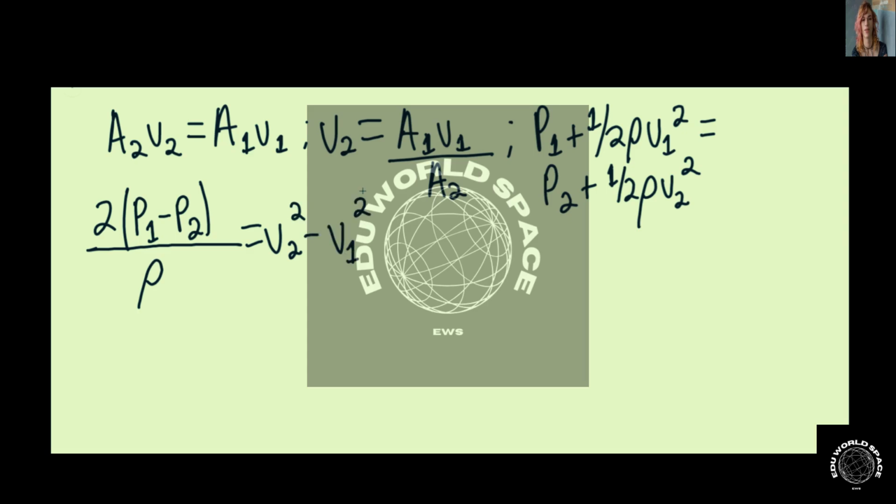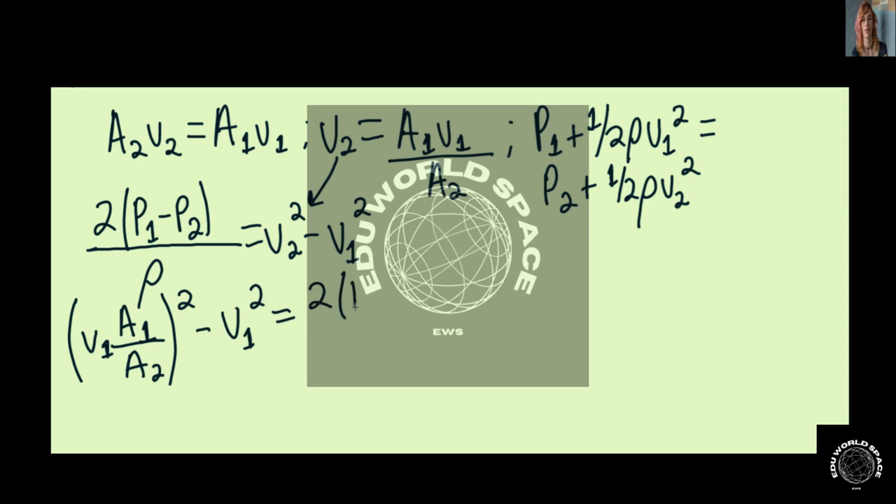We can then substitute V sub 2 here into the Bernoulli's equation and say V sub 1 A sub 1 divided by A sub 2, squared, minus V sub 1 squared equals 2 times P sub 1 minus P sub 2 divided by rho, the density.